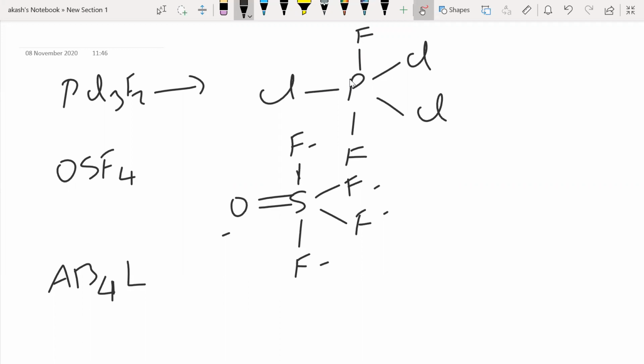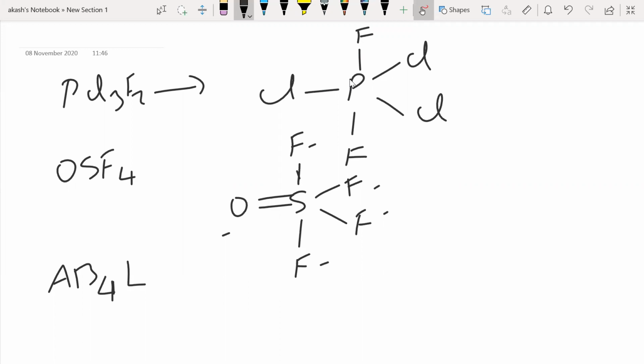If you ask me the reason, if I put the lone pair in the axial position, the number of lone pair-bond pair repulsions is going to be more. But when I put the lone pair in the equatorial position, the lone pair-bond pair repulsions are lesser. You don't have to delve so much into it. Putting the lone pair in the equatorial position decreases the repulsion. That's the reason.